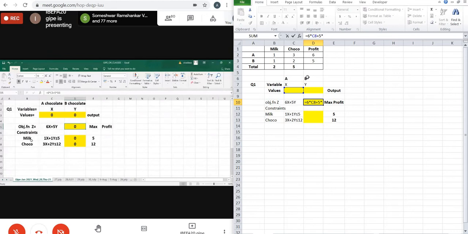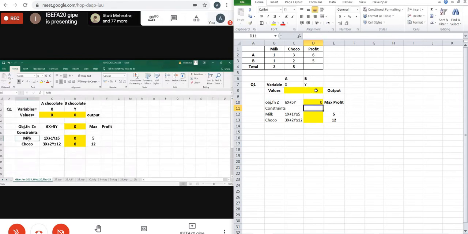Next, milk. Total milk required for A and B will be 1 time X plus 1 time Y, and that milk never be above 5.